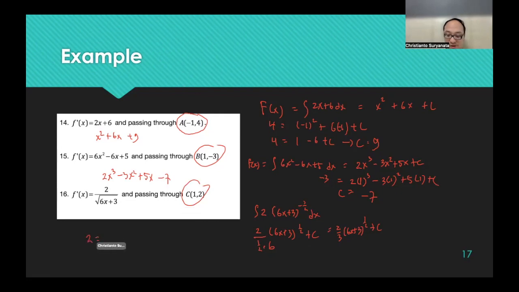So 2 equals 2/3, (6 times 1 plus 3) to the power of half plus c. So 6 plus 3 is 9, square root is 3, so c is 0. So the equation is 2/3, (6x plus 3) to the power of half. That's it. Yeah, so I can just replace the coordinates because this is always the original function.